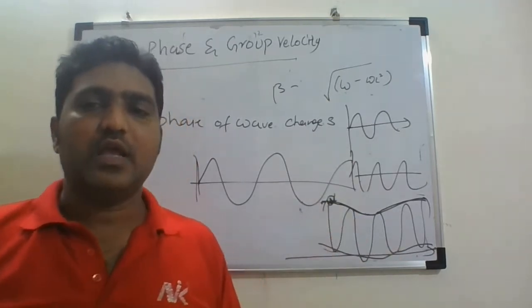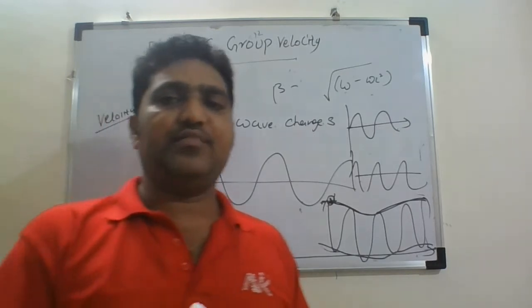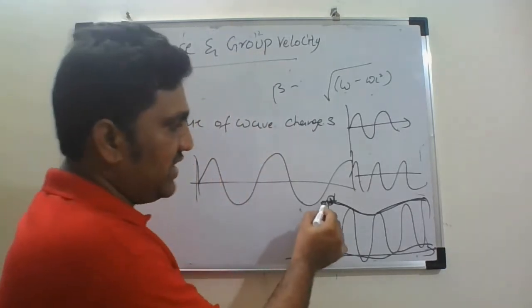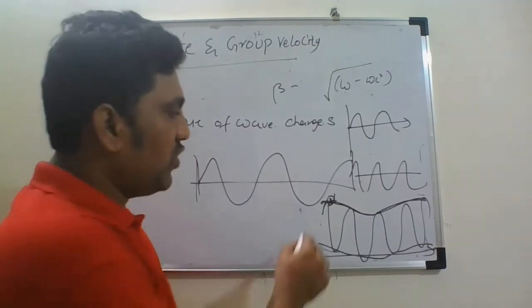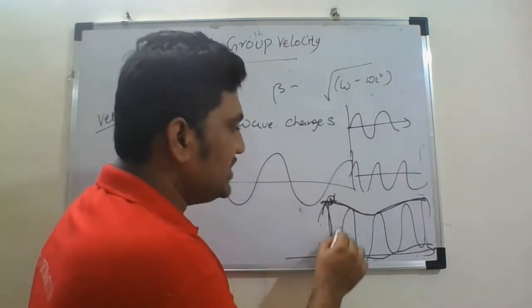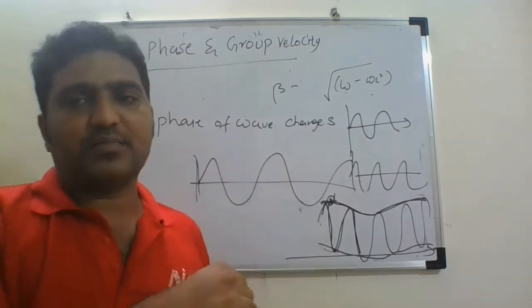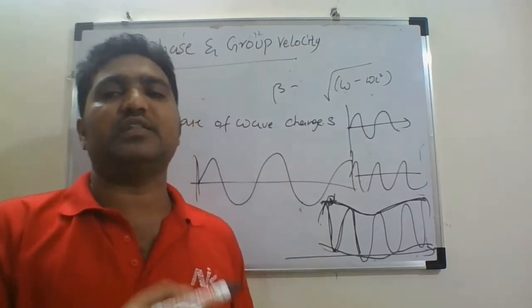The rate at which that envelope is moving inside the waveguide is called the group velocity. Whereas phase velocity means, inside this waveguide, the carrier or several frequencies will be there. So what is the rate at which these particular components are moving inside the waveguide?